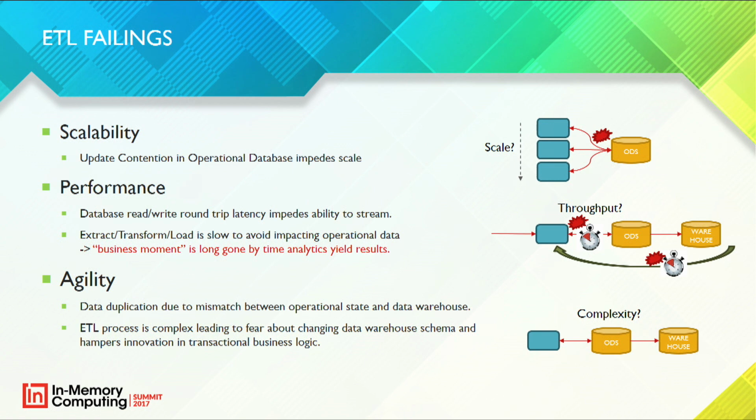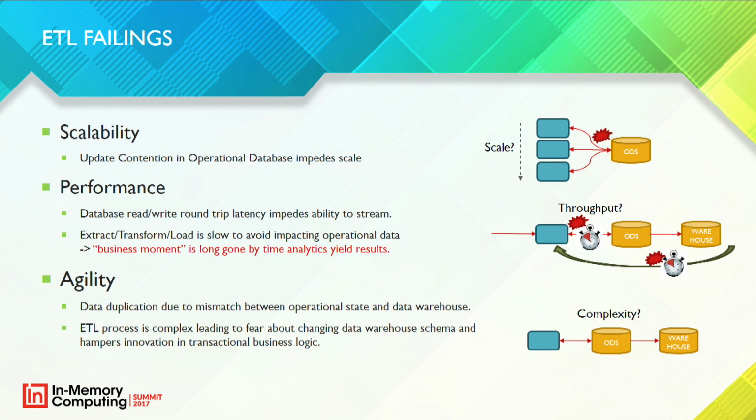So if I just look at the scorecard on ETL-based architectural failings, one of the big ones is it doesn't scale well in the transaction processing plane. We want to be able to scale out, provide more availability in our transaction processors. But the operational data store is still a choke point in terms of updates.